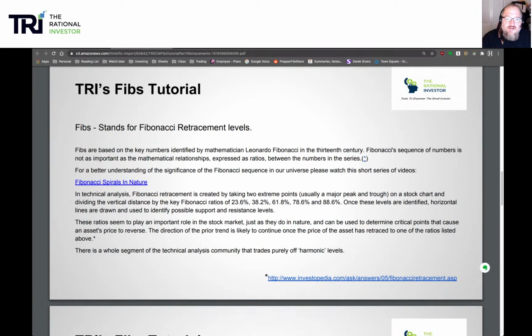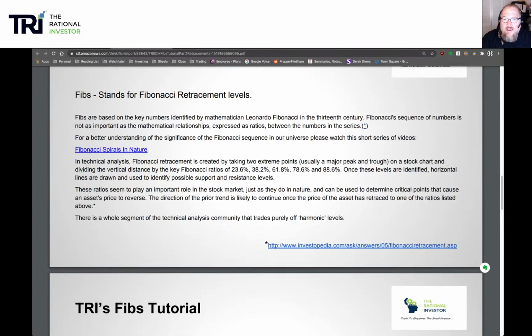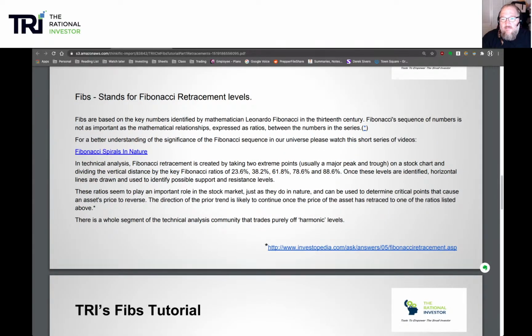So retracement levels basically come down to levels that were determined through some mathematical constants. It's pretty interesting, and you can get pretty woo-woo and out there when you start looking into all the places where these Fibonacci retracements come in.